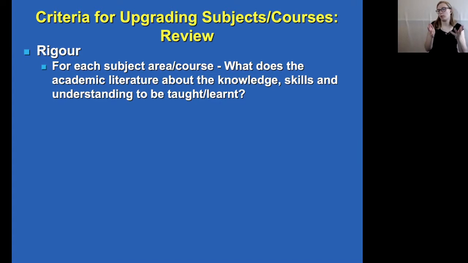What do we expect young people to learn about and learn to be able to do? So you're looking for what the literature says in mathematics, in history, in learning the native language, the national language. What does the contemporary literature say about what has to be taught, and the teaching practice related to that?